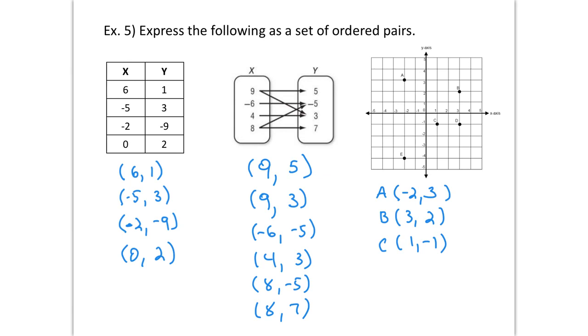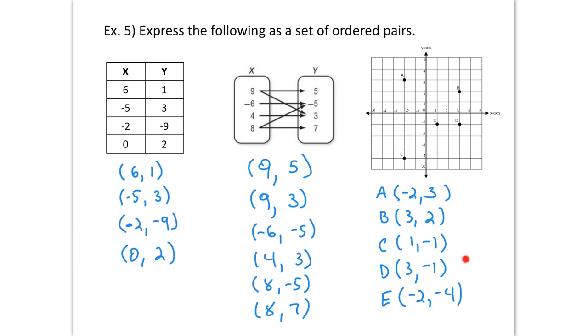The next one is point D, which is 3 and negative 1. And the last one is E. Point E is at negative 2 and negative 4. So once again, if you look at point E from the origin, you go 1, 2 to the left, so that's negative 2, and then down 1, 2, 3, 4, negative 4.